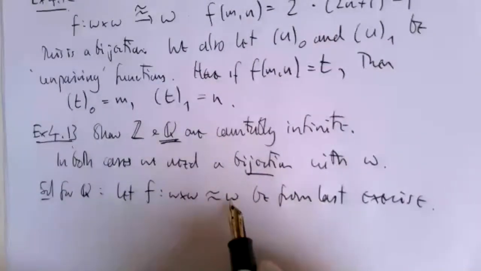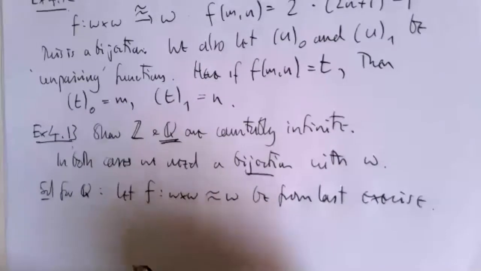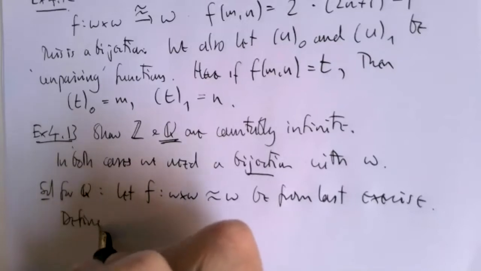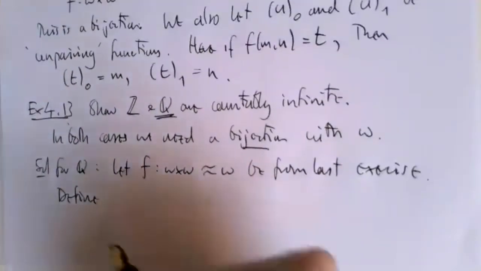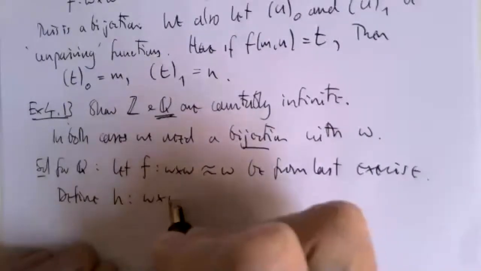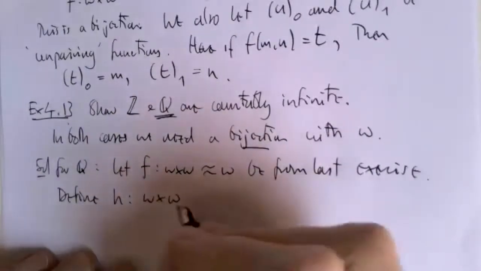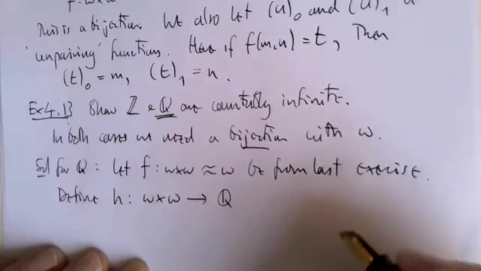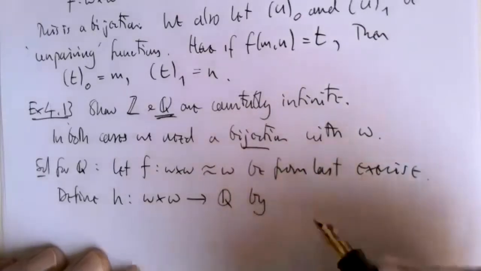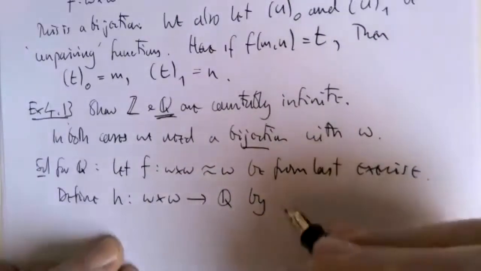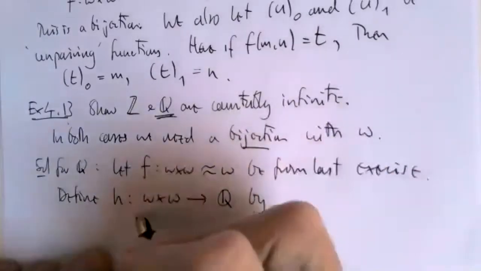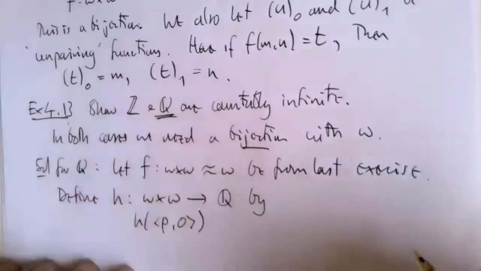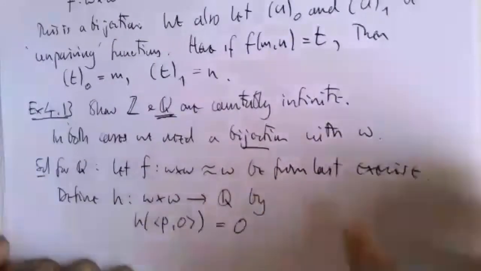Of course, F to the minus 1 takes omega back to omega cross omega. So define H from omega cross omega to Q. Now we'll say H of any number P is 0. Here, we'll send those to 0.